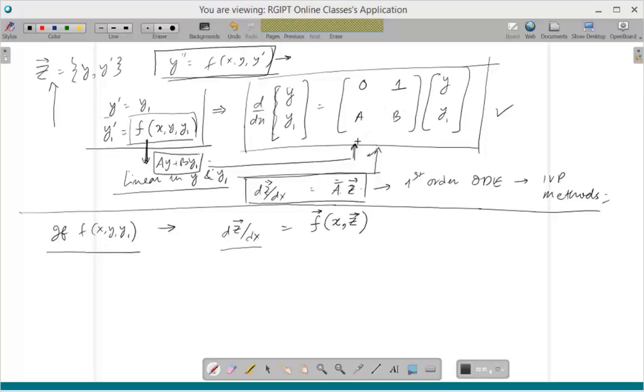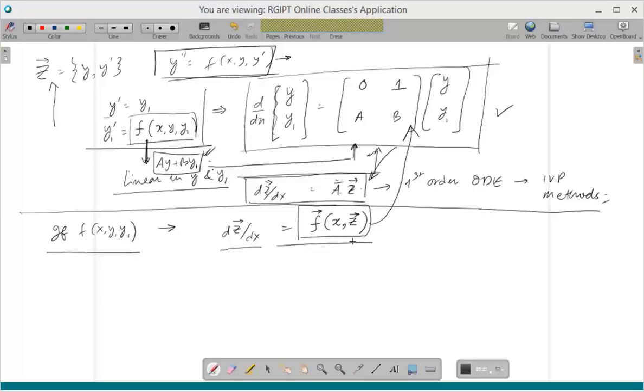If it is linear, I can decompose this in this particular form: f of x, z will have the form of a matrix times z, which is the case in the current problem. But otherwise also I can write it like this, right?